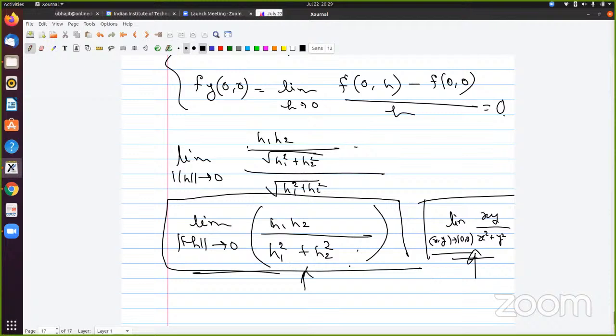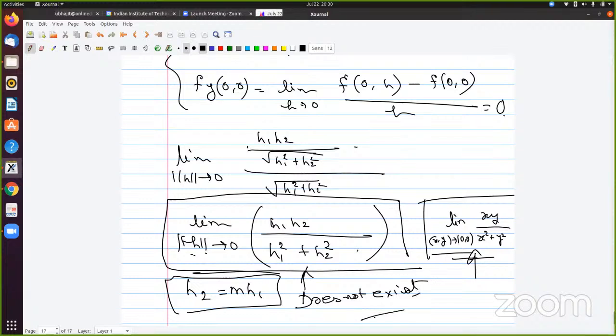As the norm approaches 0, if we take the straight line h2 equal to m h1, then for different values of m we will get a different limit. So this limit does not exist.